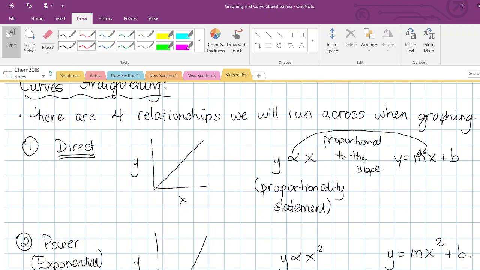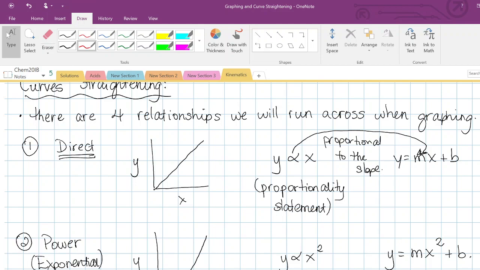And that's where we get a straight line relationship where the y variable is directly proportional to the x variable. And we chatted in class about this proportionality statement. So for a direct or a linear relationship, our proportionality statement is y is proportional to x.